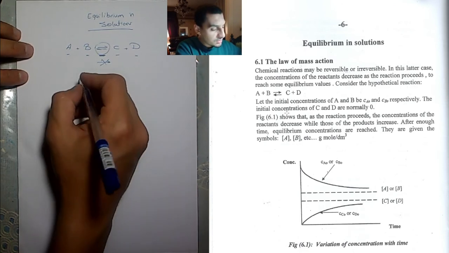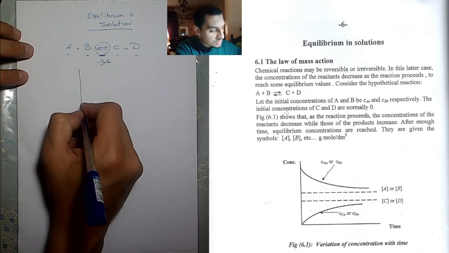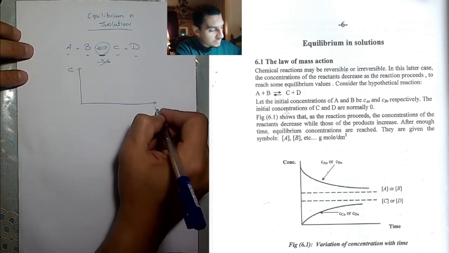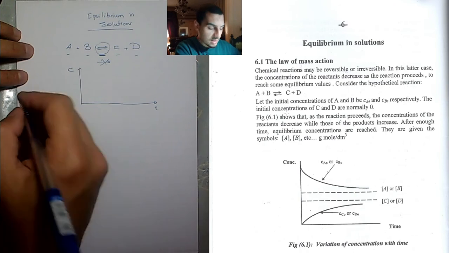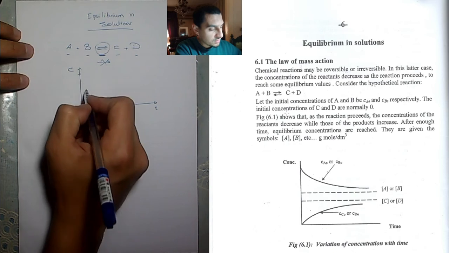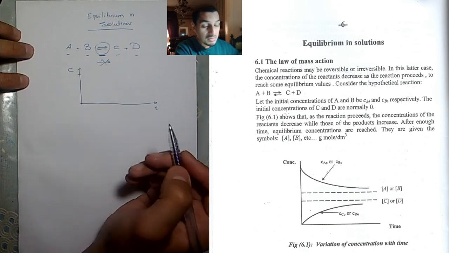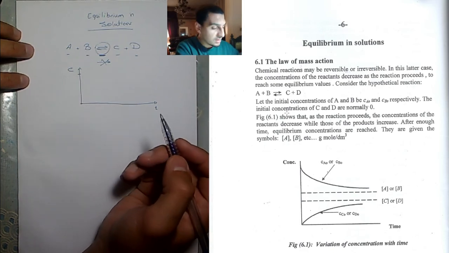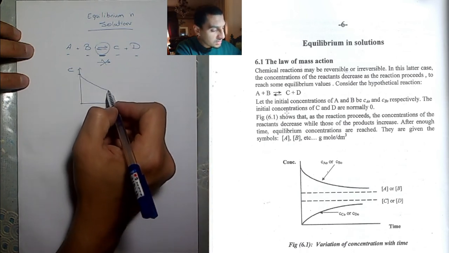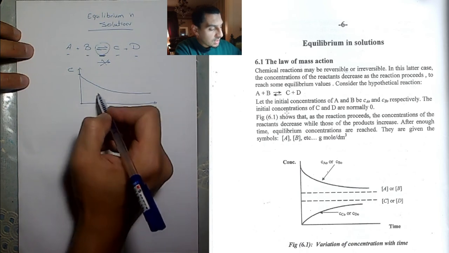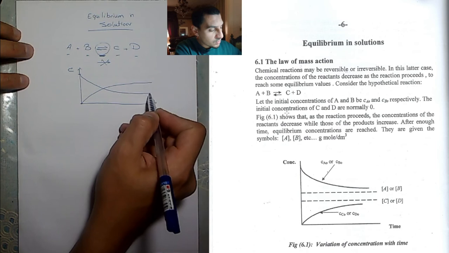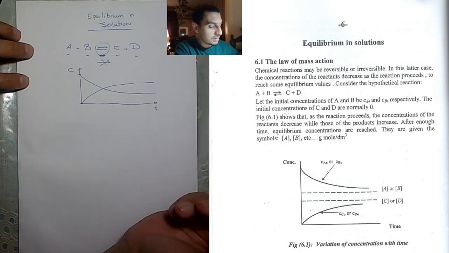If we take a look at the concentrations as a function of time, with concentration on this axis and time on this axis, we will see that the reactants start with a big value and the products start with a very low value, maybe 0, because there is no C and D at the beginning of the reaction. As the reaction proceeds, the reactants decrease and the products increase until we reach a point where the concentrations are constant.